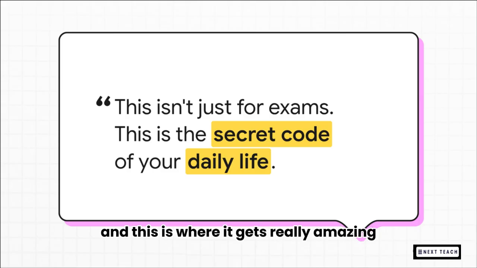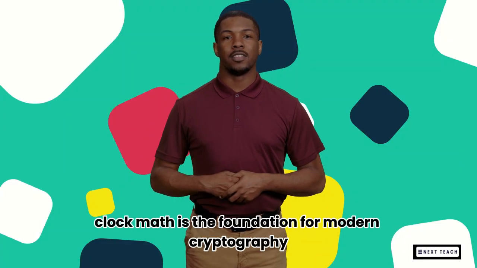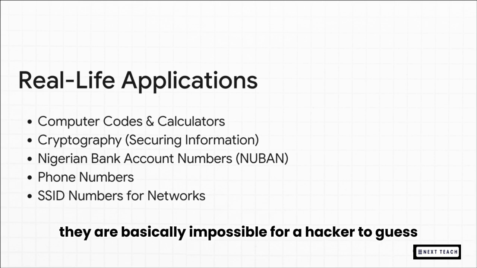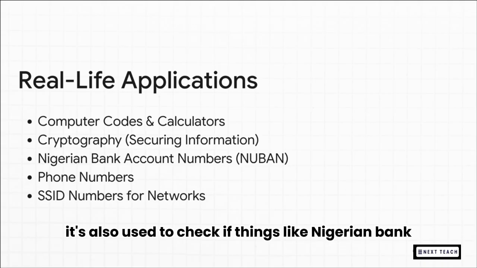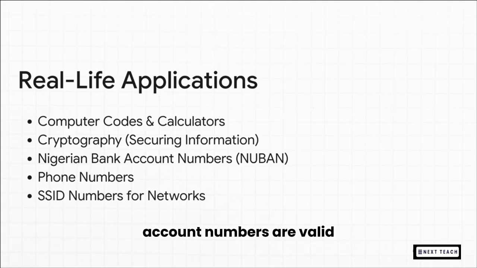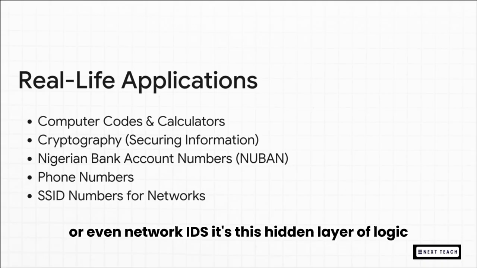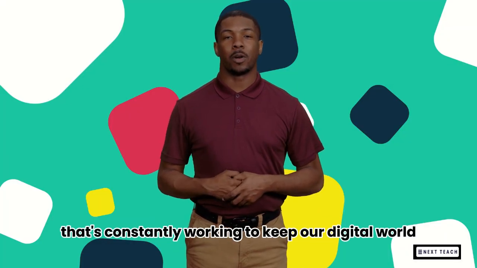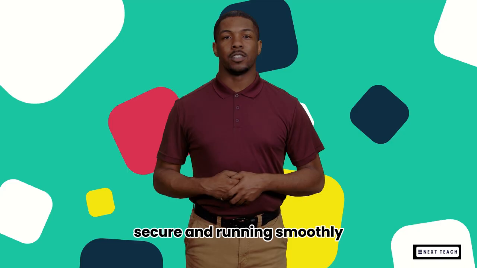And this is where it gets really amazing. Clock math is the foundation for modern cryptography. It creates these cycles of numbers that are so huge, they are basically impossible for a hacker to guess. It's also used to check if things like Nigerian bank account numbers are valid, or even network IDs. It's this hidden layer of logic that's constantly working to keep our digital world secure and running smoothly.